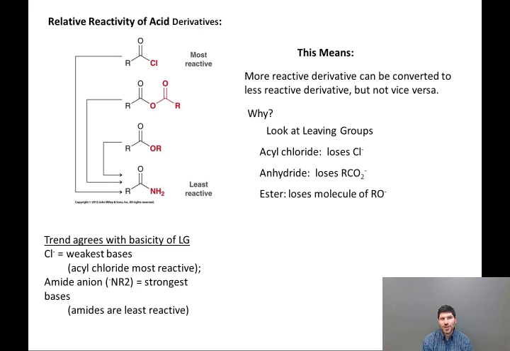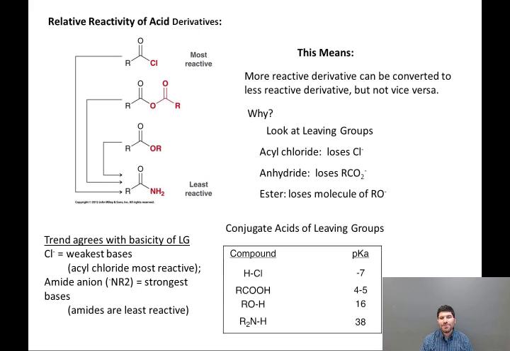In case you want to know how strong a base is, you simply have to look at the pKa of their conjugate acid. Okay, so chloride is a weak base because its conjugate acid, HCl, has a pKa of -7. Acetate is a moderate base. Its conjugate acid is acetic acid, which has a pKa of 4.75.